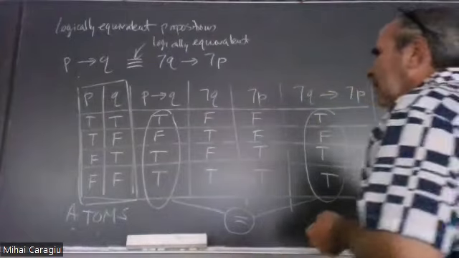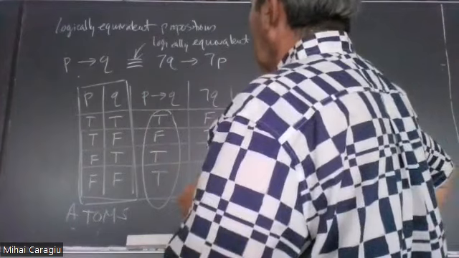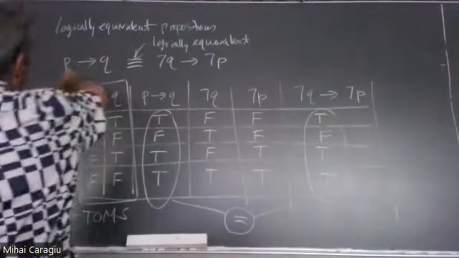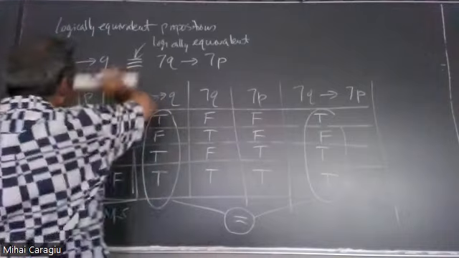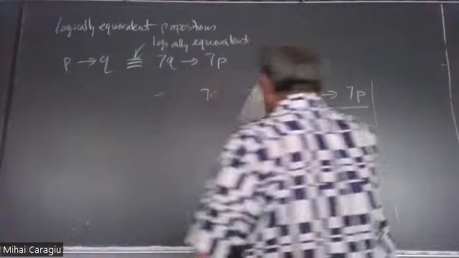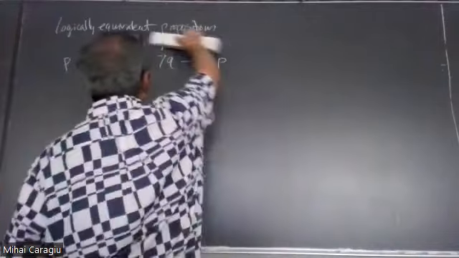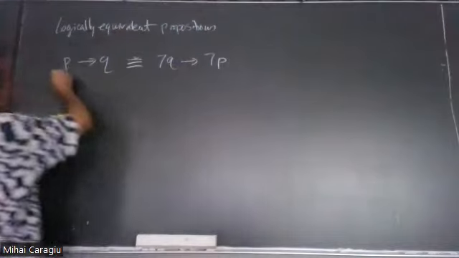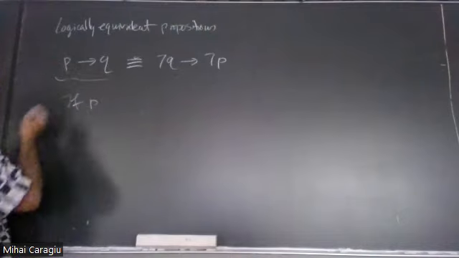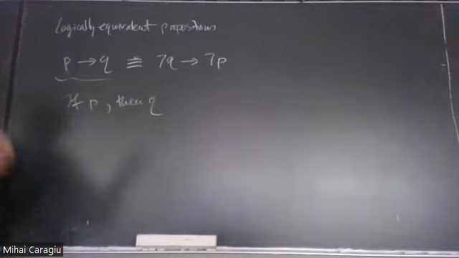So this is the idea of the so-called proof by contradiction, or rather the easier form of it, proof by contrapositive. P implies Q means: if P, whatever P means, then Q, whatever Q means.